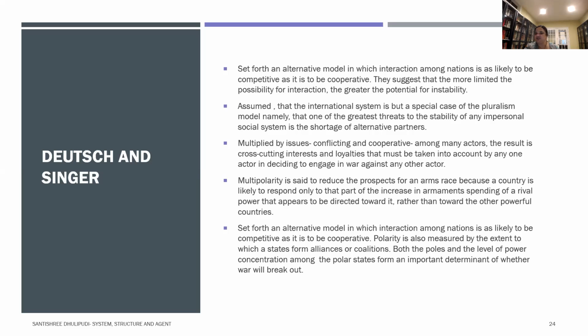They assume that the international system is but a special case of the pluralism model, namely, that one of the greatest threats to the stability of any impersonal social system is a shortage of alternative partners, multiplied by issues of conflicting cooperation among many actors, the result of cross-cutting interests and loyalties that must be taken into account by any one actor in deciding to engage in war against any other actor.